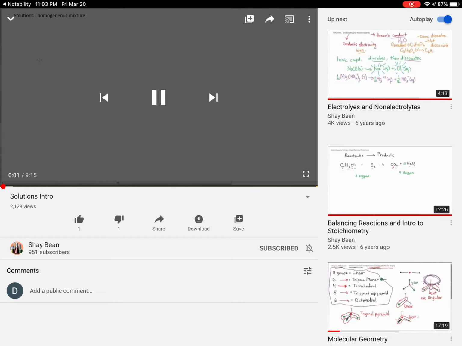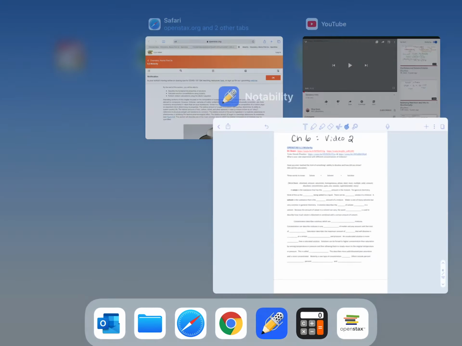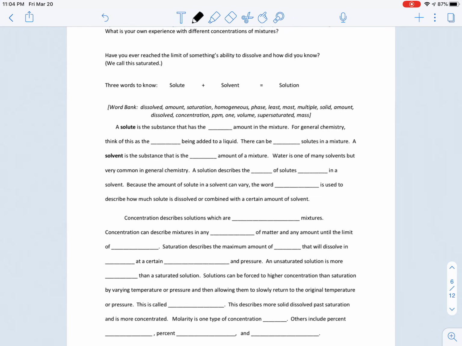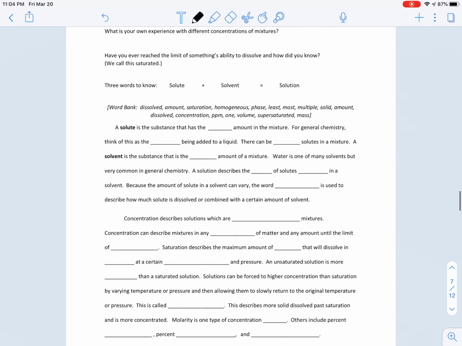You may recall from the first chapter the homogeneous mixtures, and this gives you the information you need to start thinking about concentration and molarity. Also, I really like the Tyler DeWitt stuff. This is him working multiple problems, and I don't feel like he skips steps hardly ever. So if you just need to watch someone work lots of problems, it's a great place to go.